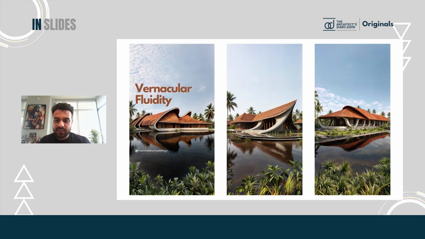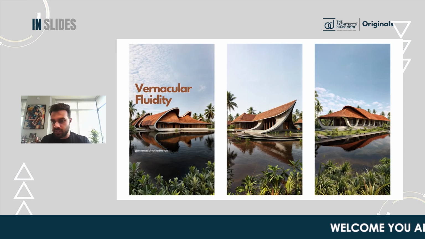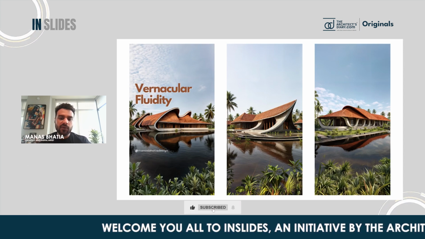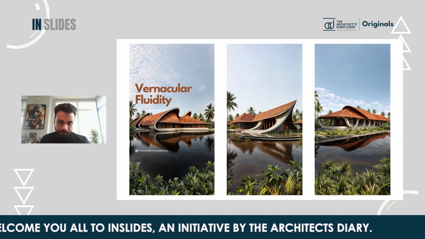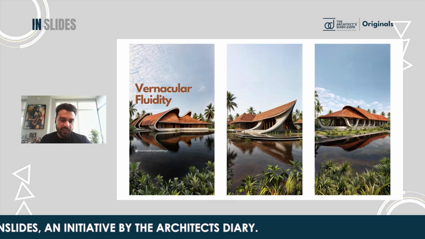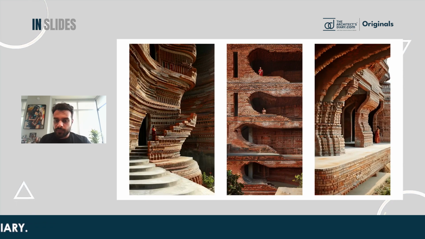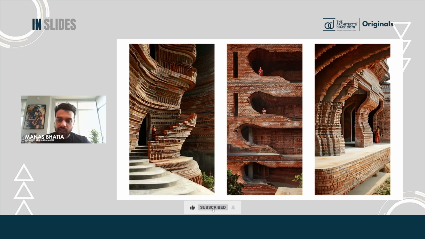In this case, I have tried to combine the vernacular style of architecture with a more fluidic and futuristic style of architecture, just to visualize these new forms of architecture which may definitely be executed in the future. And like going to brick architecture, exposed brick architecture, and how we can combine that style with a more fluidic and organic style.